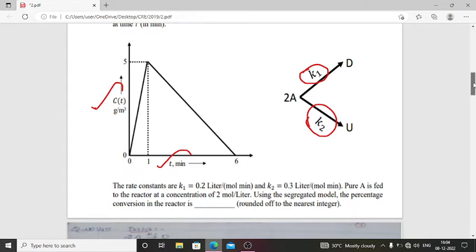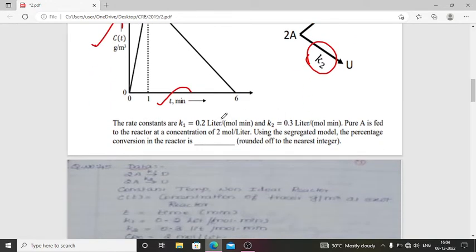The rate constant K1 is equal to 0.2 liter per mole minute and K2 is equal to 0.3 liter per mole minute. Pure A is fed to the reactor at a concentration of 2 mole per liter, so CA0 is equal to 2 mole per liter.